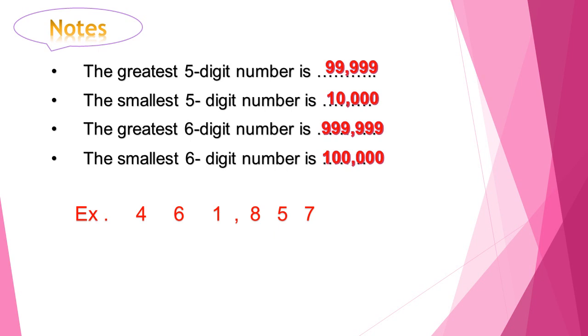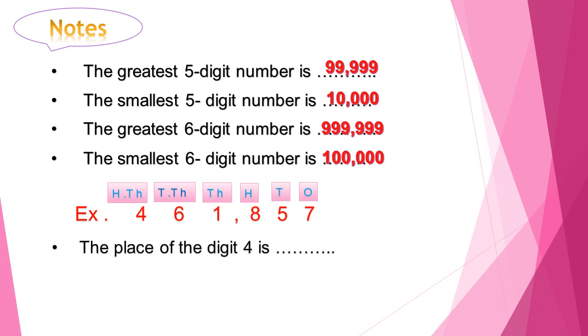For example, we have here this number. Let's put the place above each digit. Ones, tens, hundreds, thousands, 10,000s, and 100,000s. The place of the digit 4. 4 in 100,000s. Then its place is 100,000s.